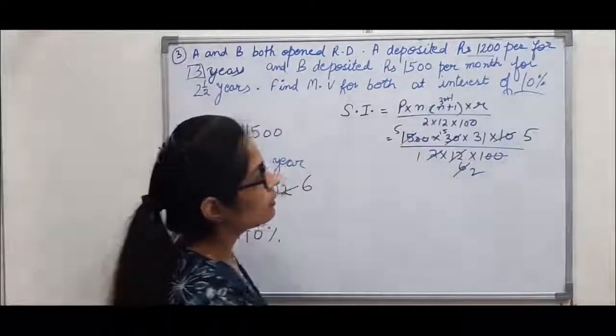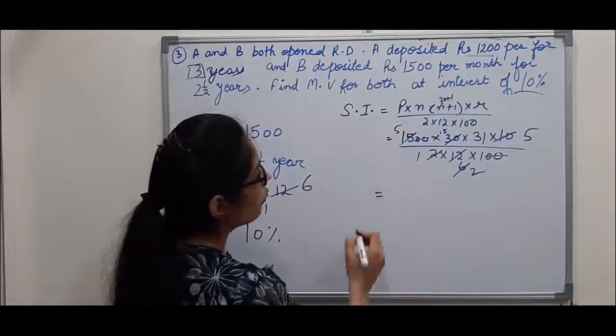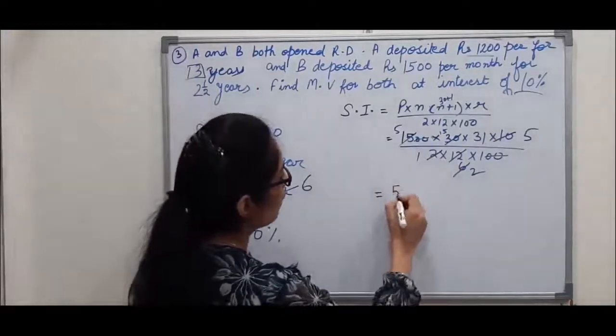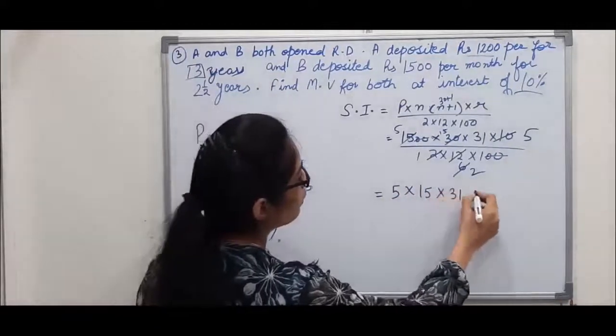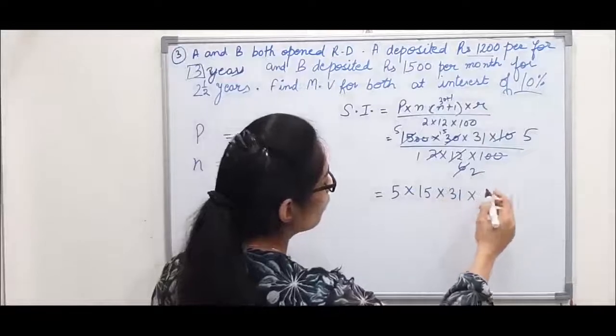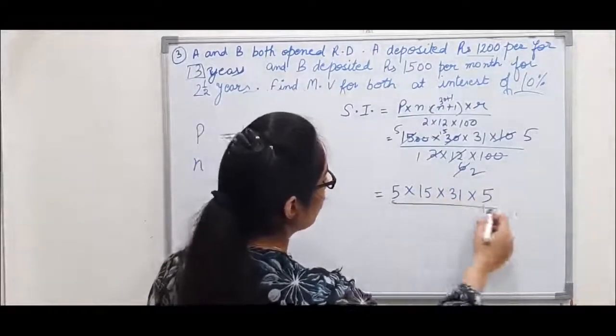And now I can see no further cancellation is possible. So let's write it down. This is 5 into 15 into 31 into 5 by 2.